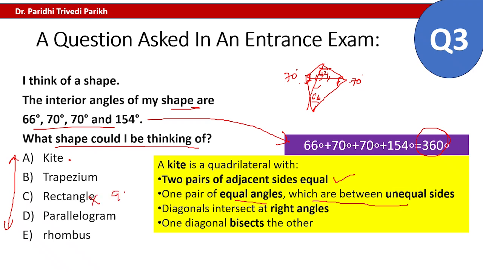Now this is not the case with a rectangle because it has 90 degrees. This is not the case with a parallelogram because a parallelogram would have this angle and this angle the same and this angle and this angle the same, we cannot have three measurements of angle. So it's gone. Rhombus is also the same case. Now kite and trapezium. When I talk about the trapezium, what is the case there? That these two will make 180 and these two will make 180.